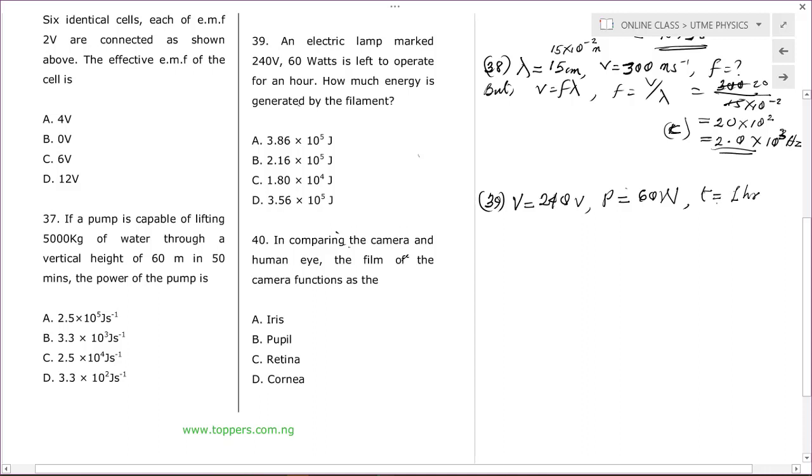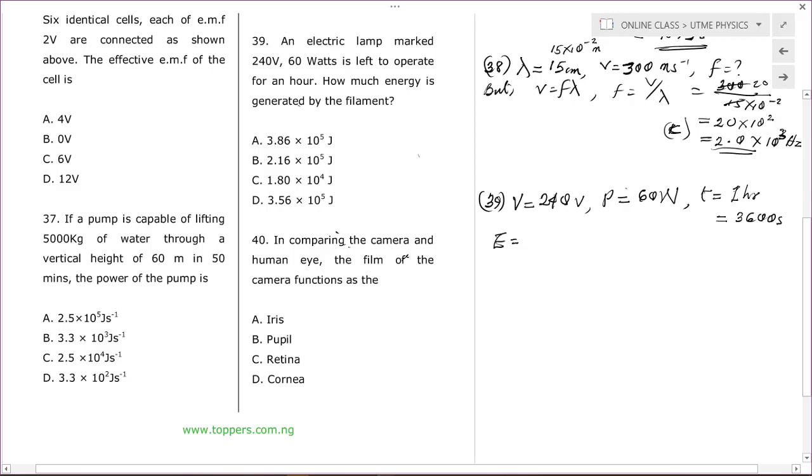1 hour can be converted to what? To 3,600 seconds. So with that, we can now say that we are looking for energy.